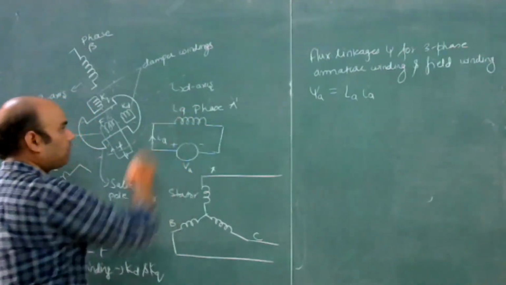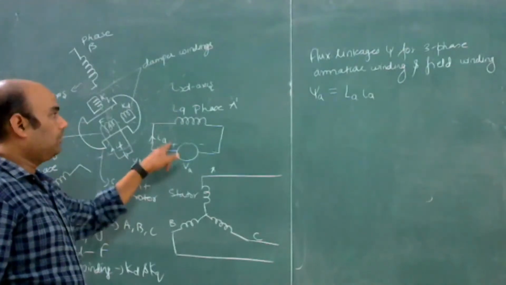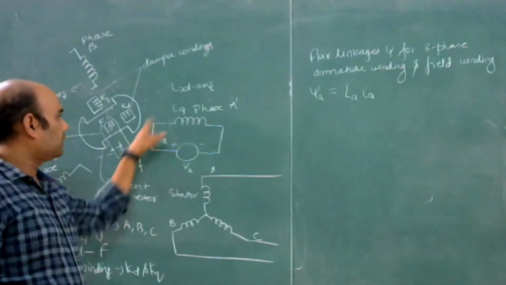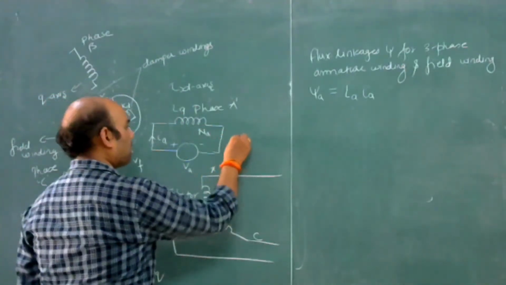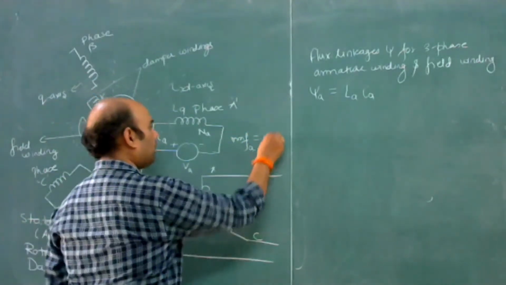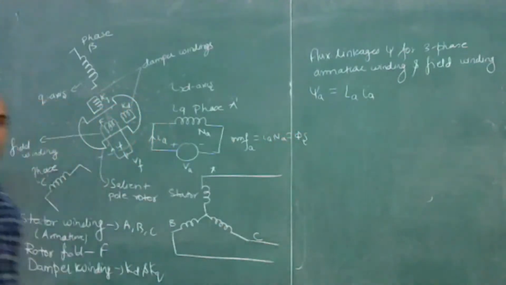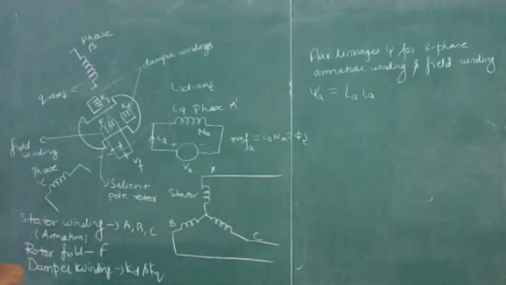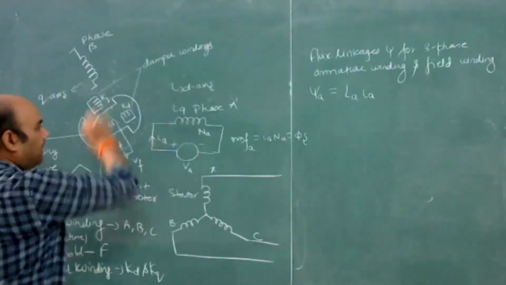So this current is flowing through this. So this is LA into IA, and this flux. When current flows through this phase A, it has N number of turns. So the MMF of A will be equal to IA into NA. This gives rise to flux phi. So this flux will link to phase A and phase B. So there will be mutual flux between phase A and phase B.